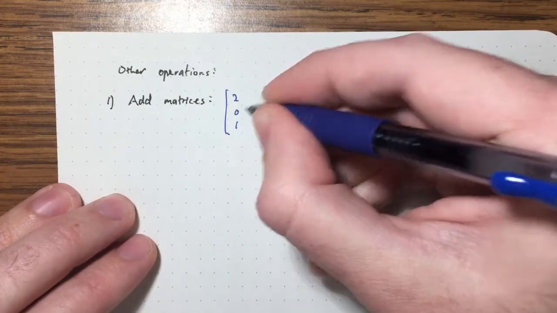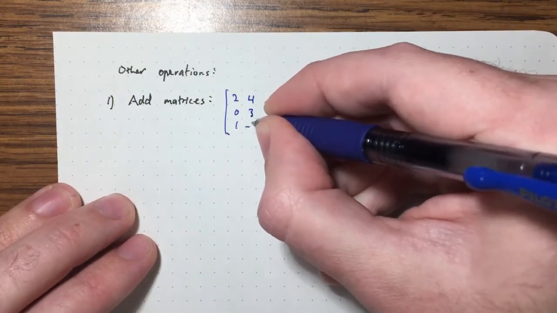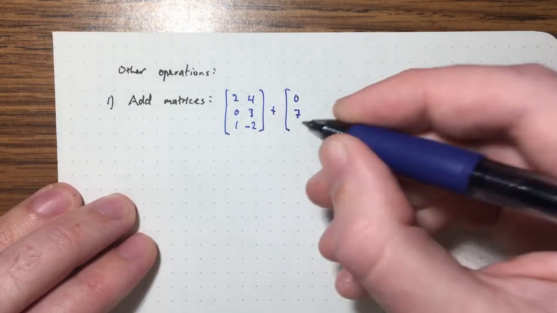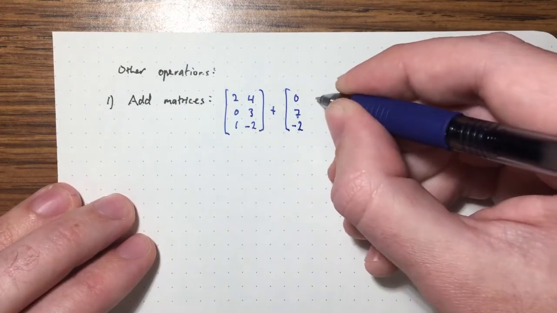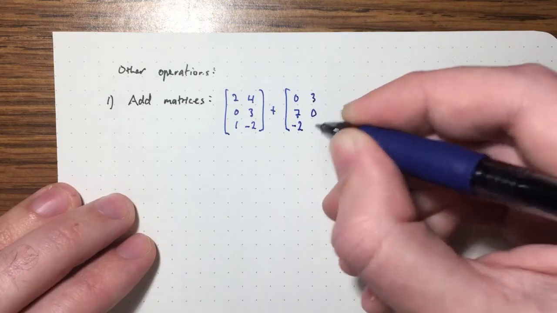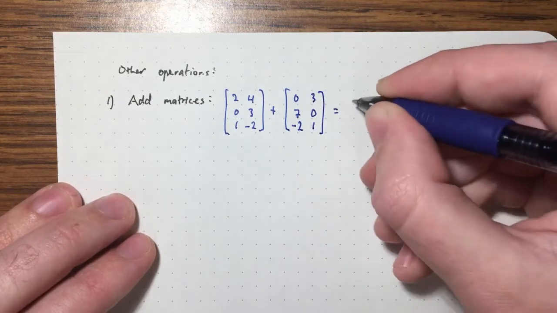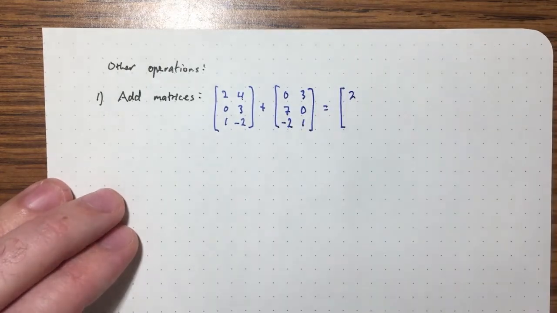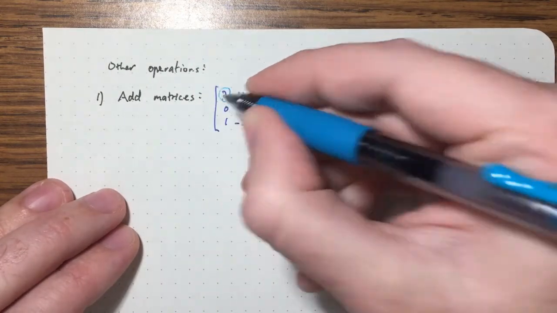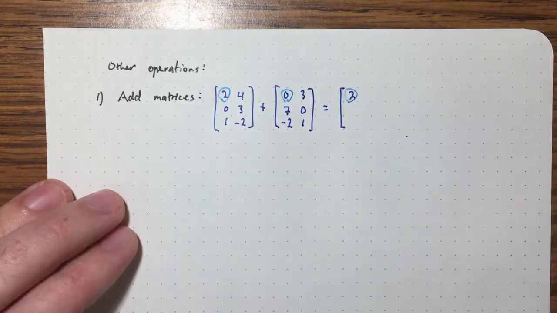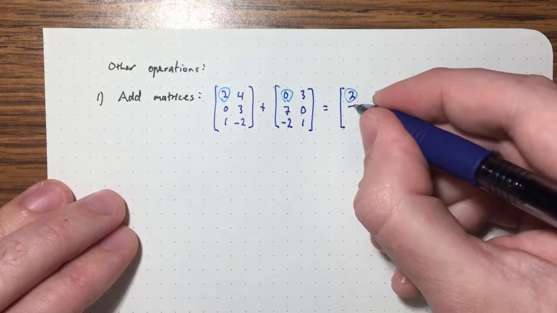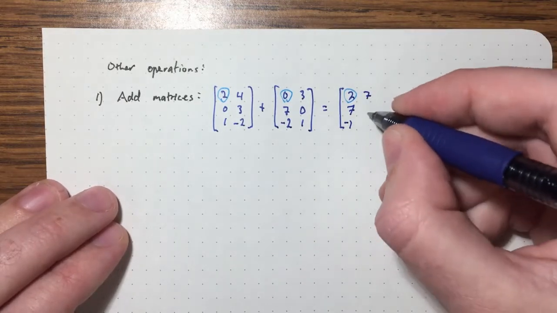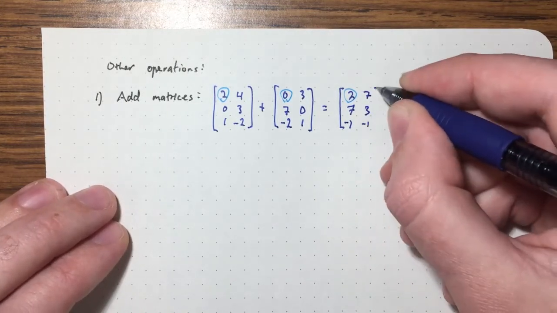So let's say I have 2, 0, 1, 4, 3, negative 2. And I'm going to add 0, 7, negative 2, 3, 0, 1. You just add component-wise. So see that 2 is just coming from 2 plus 0. And then just do 0 plus 7. So not as exciting as matrix multiplication, but we can add matrices.